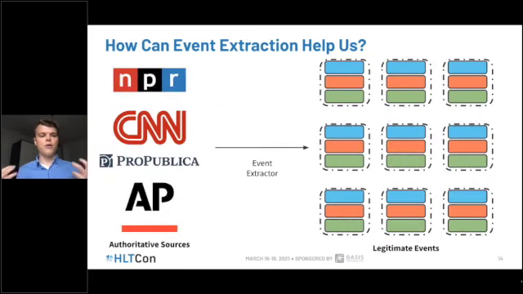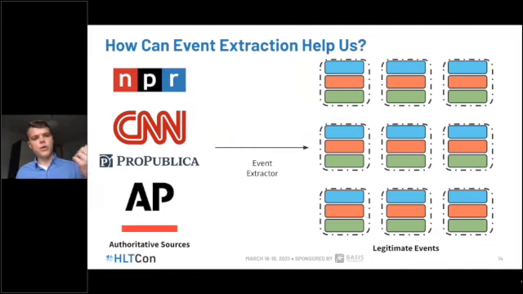So now we can look at how the full system is going to look. The authors present a basic idea. Suppose we have a list of authoritative news sources. And I do want to note here that authority doesn't necessarily refer to any sort of editorial slant. It's strictly referring to the fact that, for example, the Associated Press is not going to say that country X bombed country Y when it didn't happen.